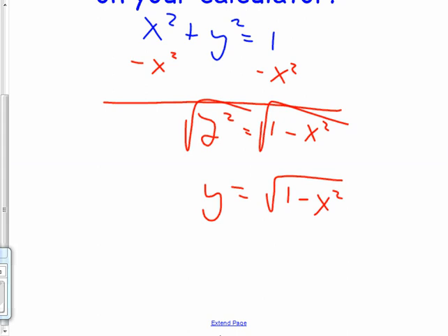Yes. Remember, the square root of y squared is not y. How many of you got that wrong on the test, or did we just do it 2 seconds ago? What is the square root of y squared? Absolute value of y. And that means there's 2 answers. Does anybody want to take an educated guess why there's 2 answers?